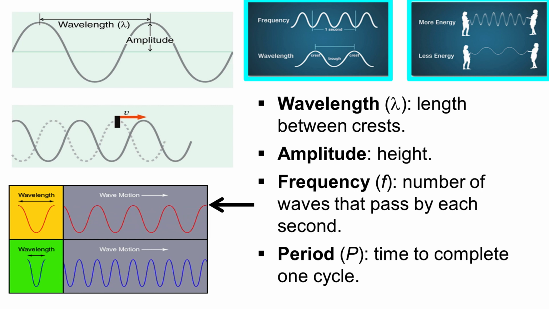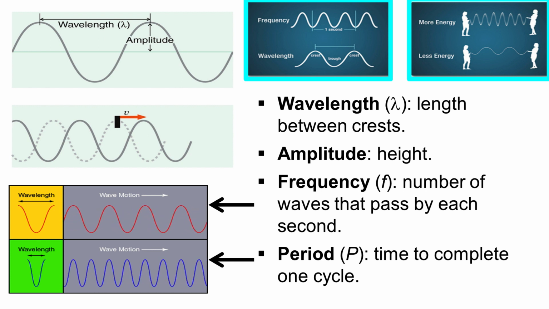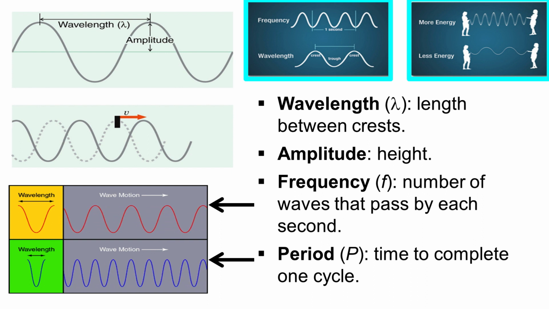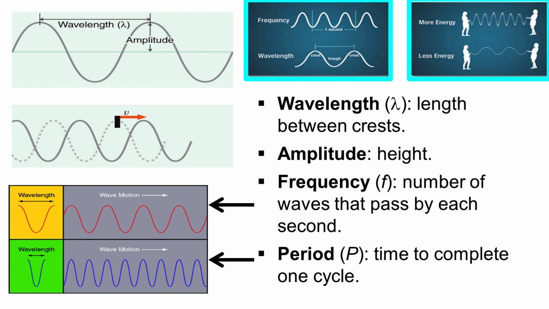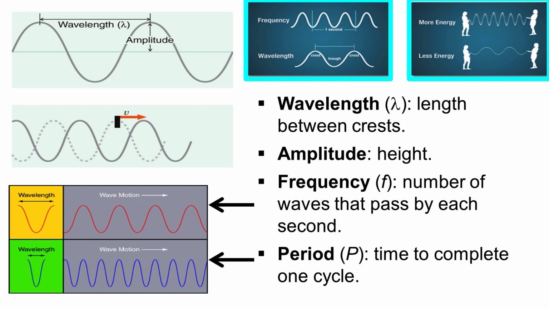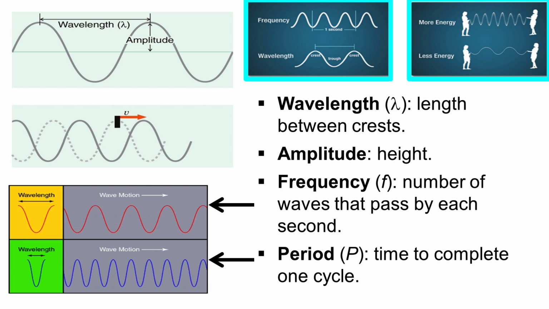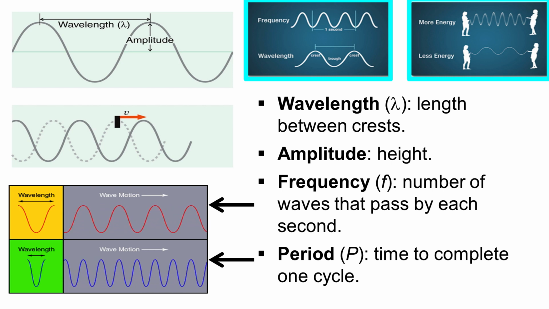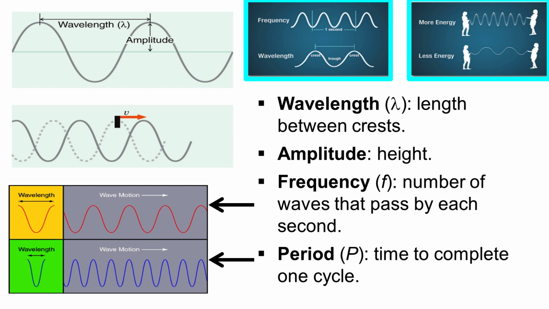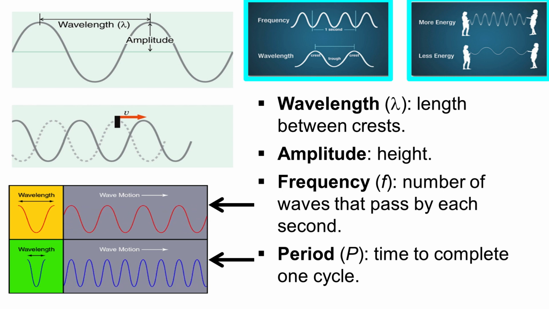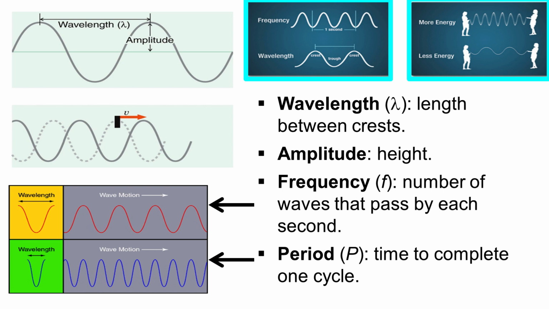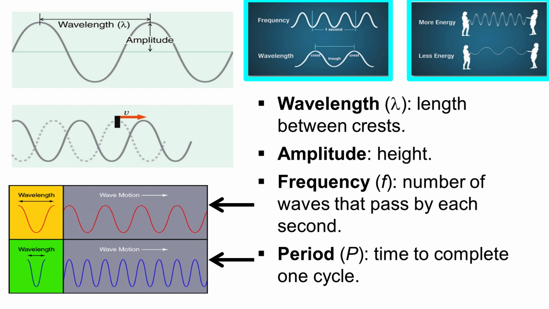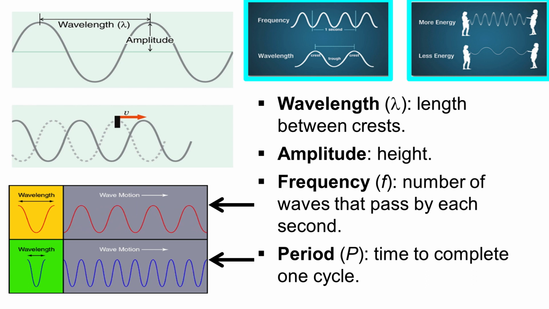What about the blue light? Let's count. 1, 2, 3, 4, 5, 6, 7, 8. So the blue one with a short wavelength has a higher number of waves. We call it high frequency. The red one with a long wavelength has fewer waves per second. We call it low frequency.